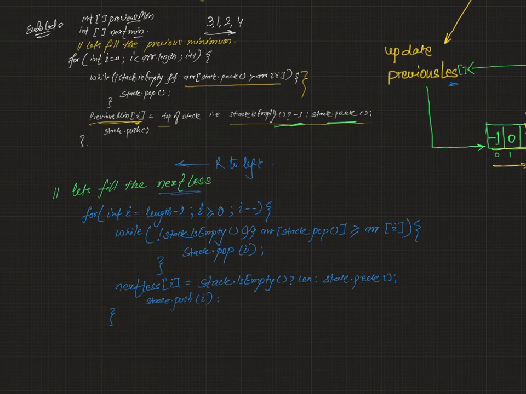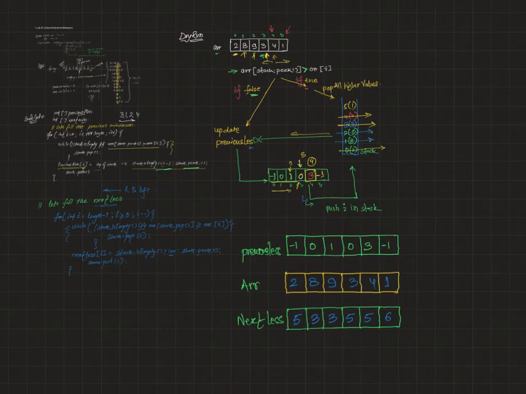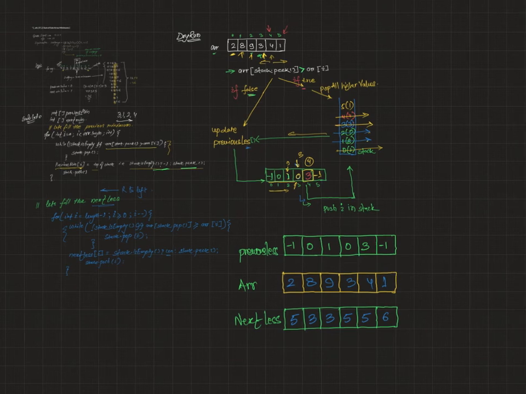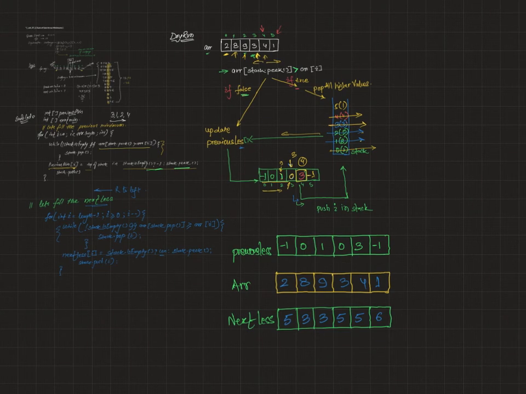This time we are going from right to left. The only difference is that the monotone stack logic is the same. Just while filling, when it is empty, we put the length, else the top of the stack value.